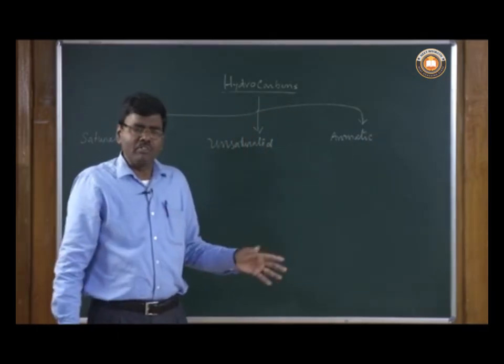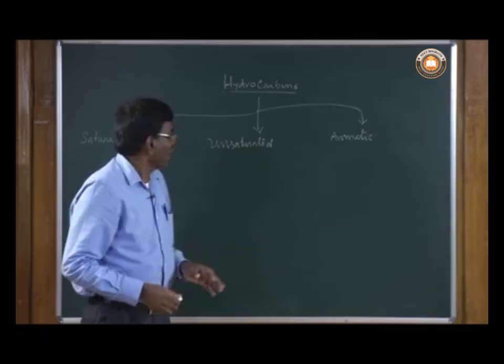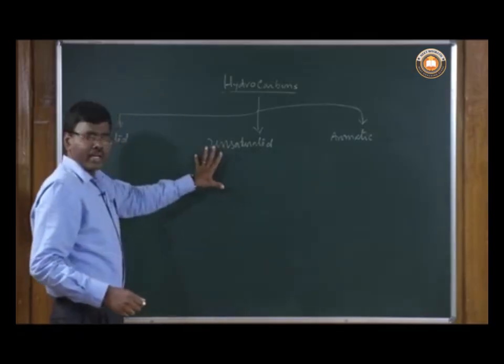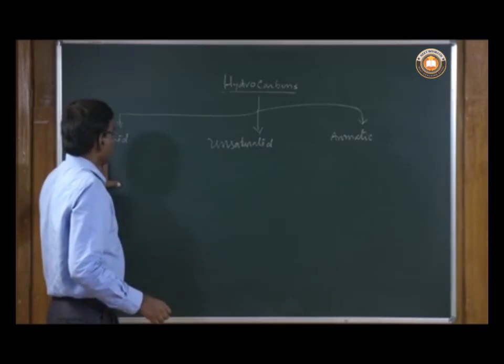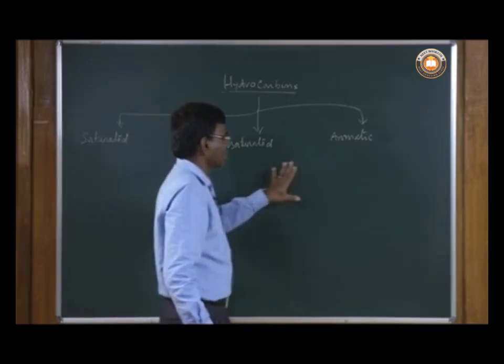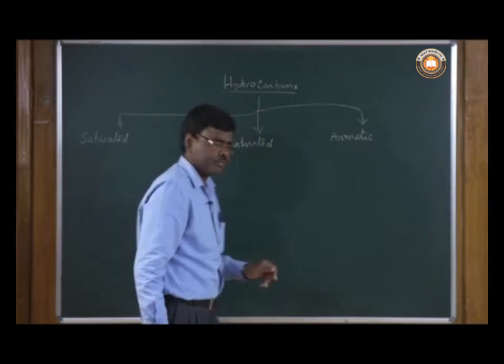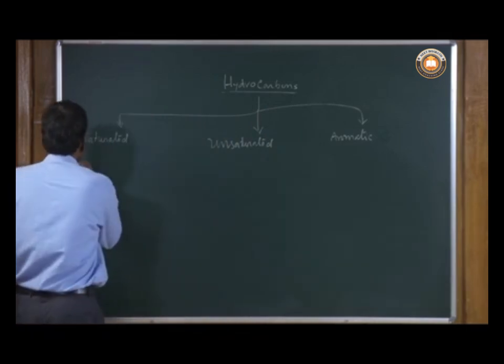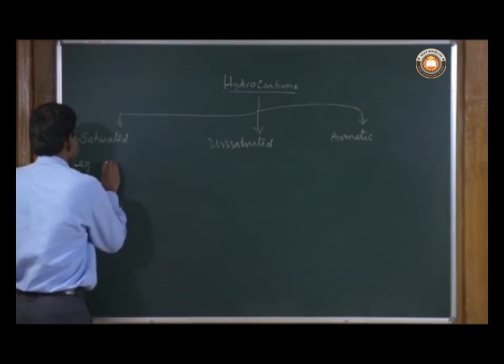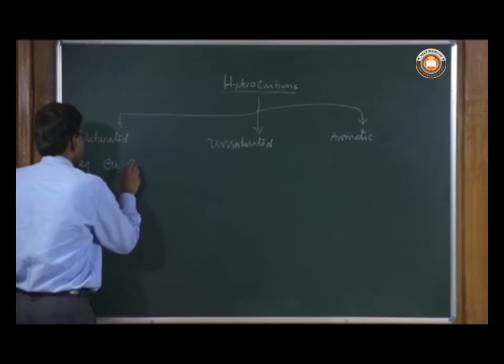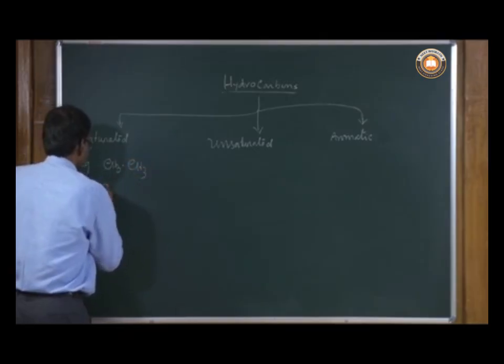We have just seen that fuels are a mixture of hydrocarbons, and now they can be broadly divided into 3 types: saturated hydrocarbons, unsaturated hydrocarbons, and aromatic hydrocarbons. Examples of saturated: just as we have seen, ethane, propane.